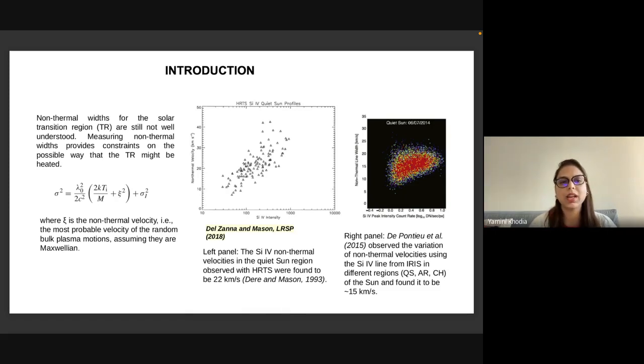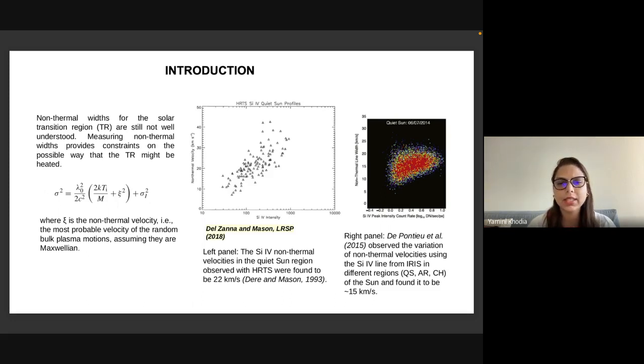So if you subtract those from the observed broadening, denoted by sigma in this equation, then we get this xi, which is the non-thermal velocity, which gives you the most probable velocity of random bulk plasma motions. In this equation, we are assuming that all the plasma motions are Maxwellian.